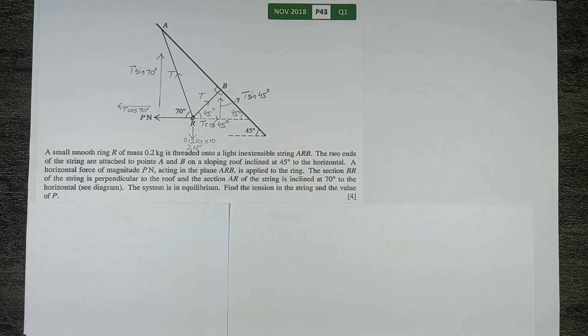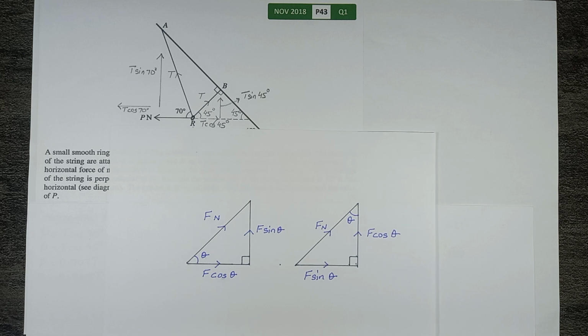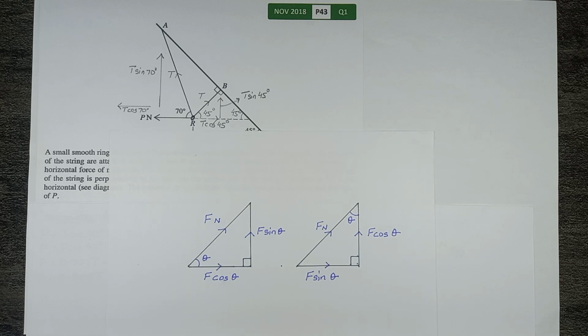For that, first of all, we have to understand what the horizontal and vertical components are, because I have seen that most of the students have a misconception that the horizontal is always a cos component. No, it is not like that.